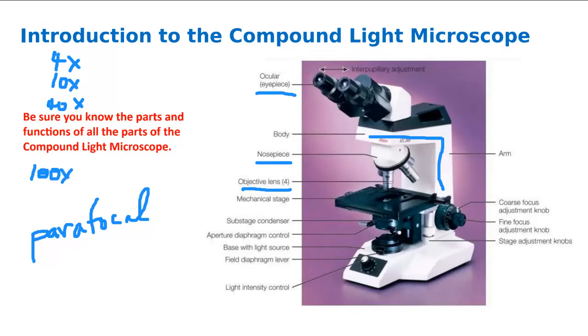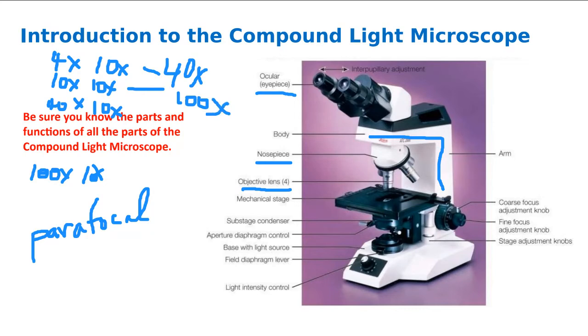And if you multiply those by 10 for the eyepiece, then you get the total magnification for the field of view that you're looking at. So this would be 40 times. This would be 100 times. This would be 400 times.